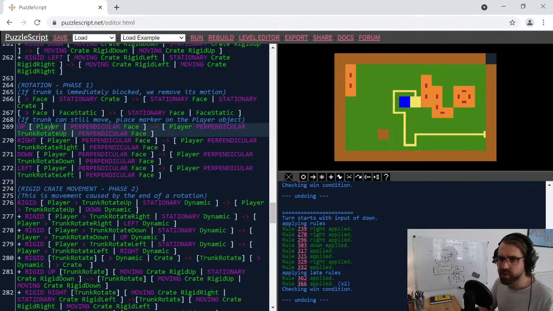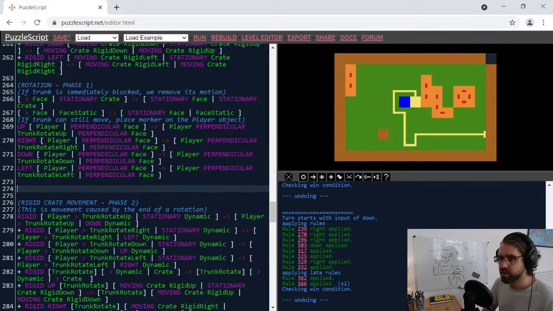Going in the up direction, face is there. That's the direction that the trunk is currently in, not the direction that it's going to be in. But the direction that the player is moving is, or the direction that that thing is moving is the thing. So I could, in theory, remove the trunk rotate thing if that space is already filled with trunk.